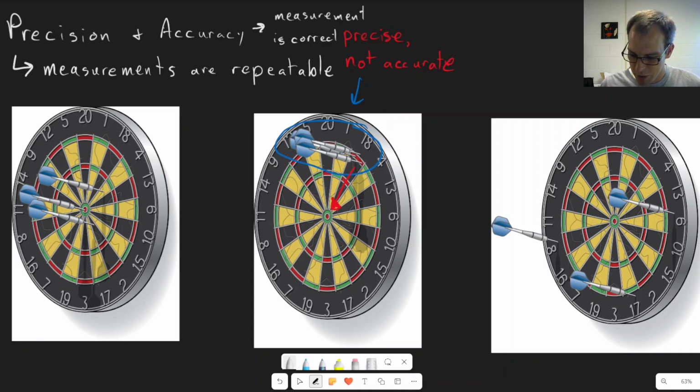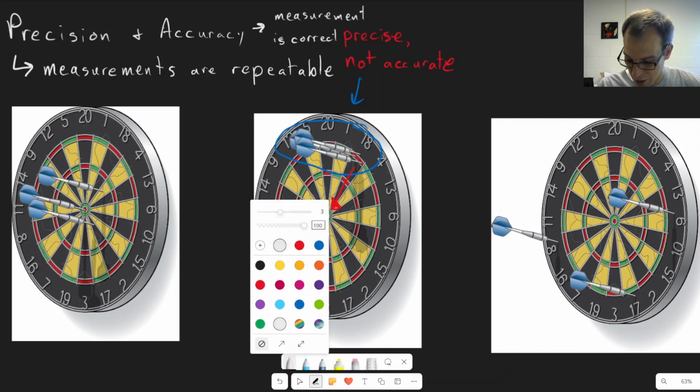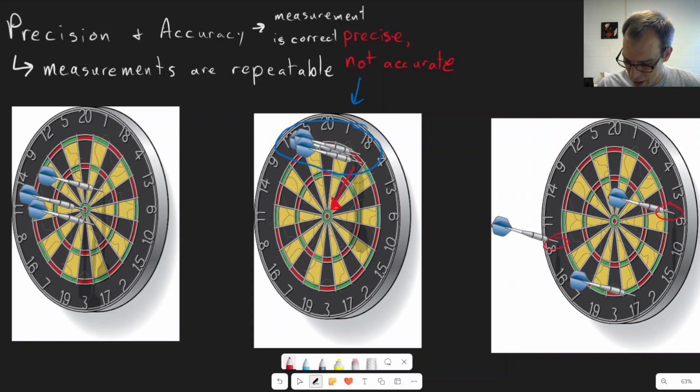If we go to our example on the far right, we have an example that has neither of these things. The darts are landing in different spaces spread all around, so not precise. So the measurements are not very repeatable. The person throwing these darts is not very good.